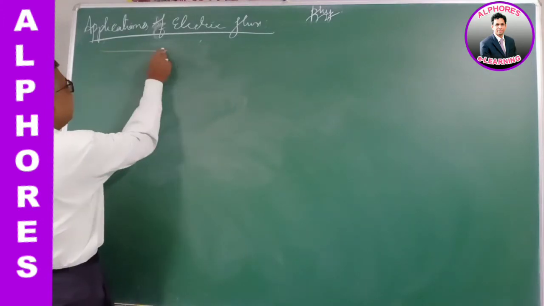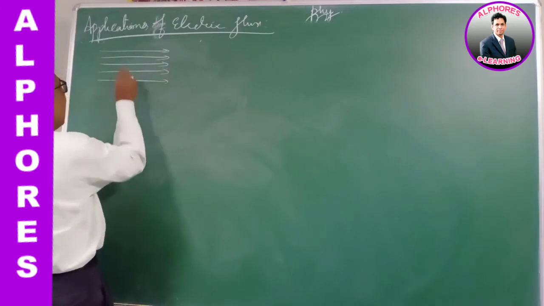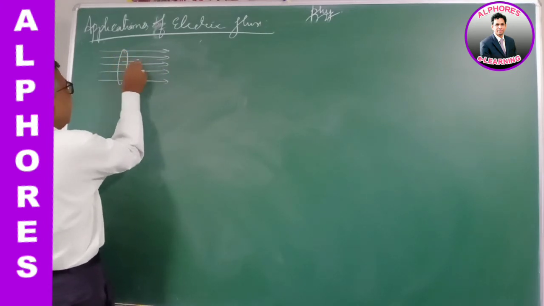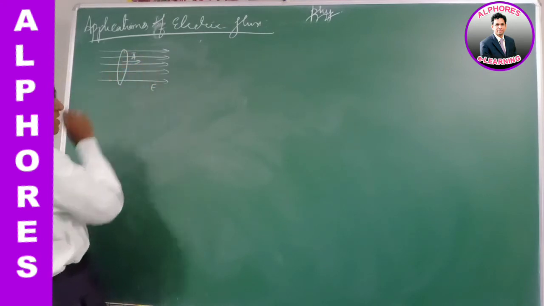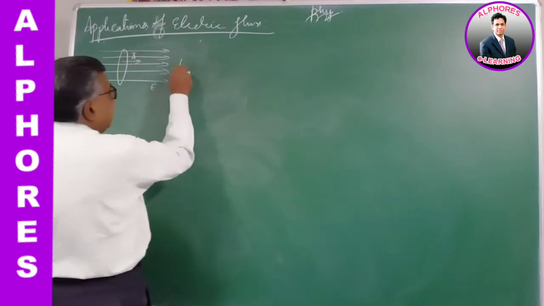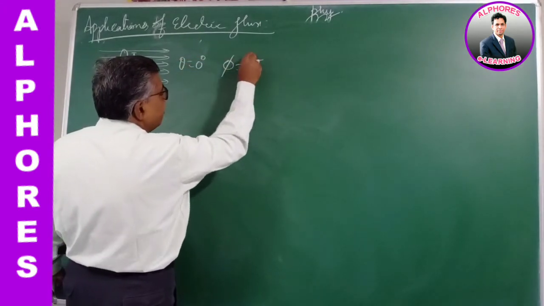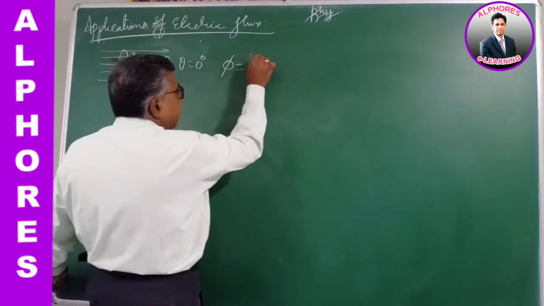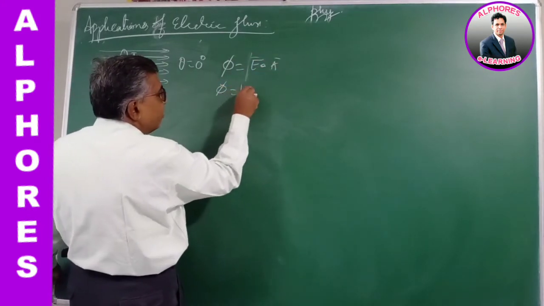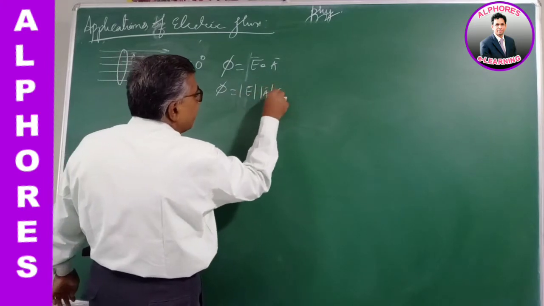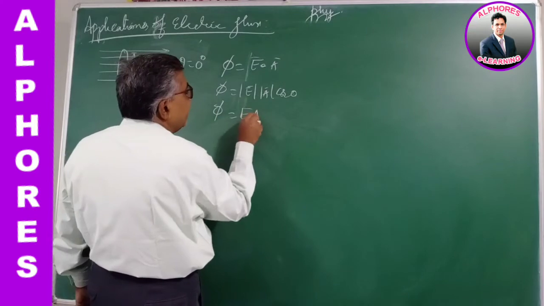If the electric field lines and the area element and the electric field both are in the same direction, parallel, theta is equal to 0, then the flux is, actually flux is E dot A, right? So flux I can write as mod E mod A cos of the angle, cos 0. So flux is simply EA, positive.